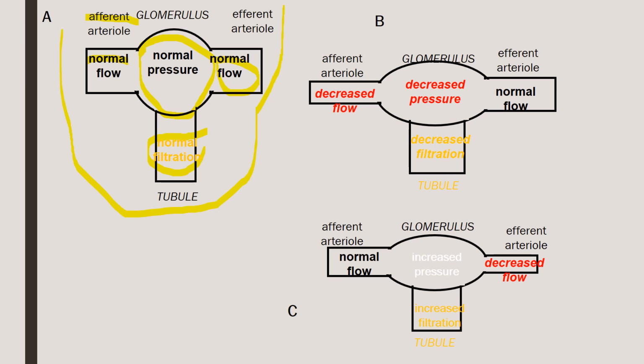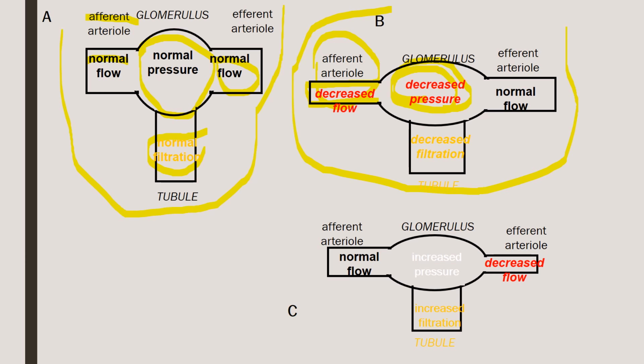All right, so here in panel B, what we have now is vasoconstriction of the afferent arteriole. Okay, so you can see here we have a narrowing of that vessel, and so this is going to decrease that blood flow. The decrease in blood flow then means there's going to be a decrease in hydrostatic pressure within the glomerulus for those capillaries.